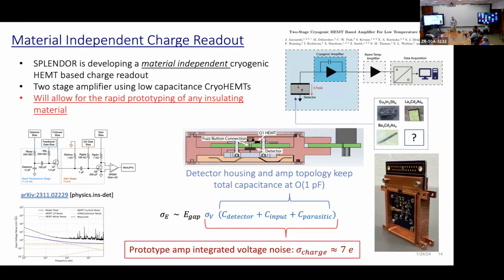And so as our first start for our prototype, we're using a more traditional charge amplifier readout. And in a normal charge amplifier, the energy resolution is determined by your energy gap, which is what we've already minimized with our material. And then you have the noise of the amplifier itself, and then all the capacitance that is seen to ground at the front end of your amplifier.